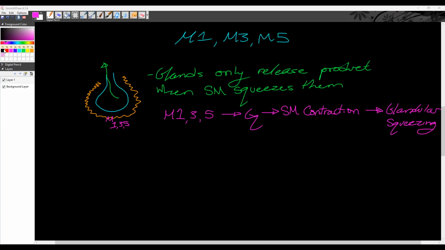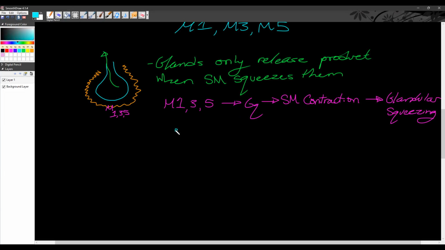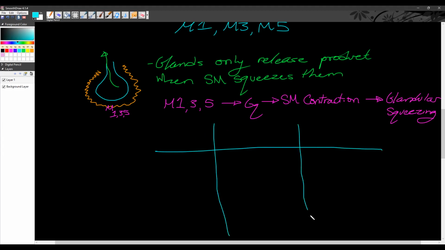One of the big glands that we see being innervated by M1, 3, and 5 is salivary glands. So we can make a chart: when you activate versus inhibit.